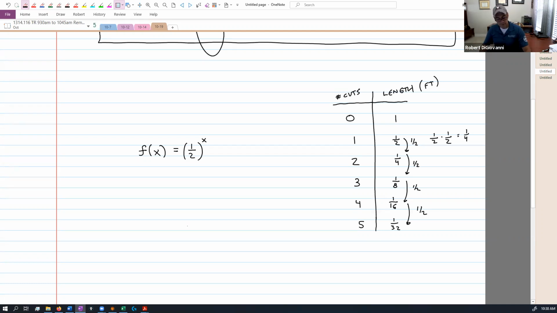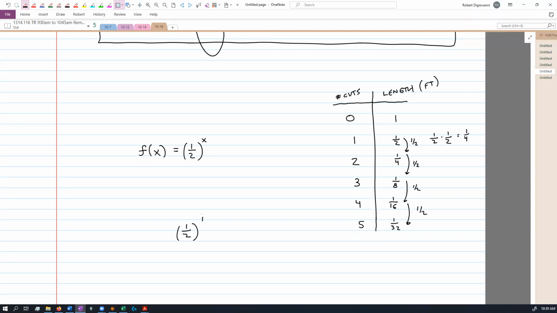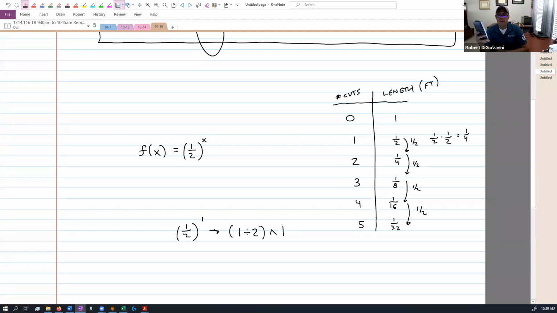Do 1/2 raised to the 1. So you've got to make sure you can type that in properly. How are you going to type that in? 1/2 to the 1. Isn't it open parenthesis 1 divided by 2, close parenthesis, and then the caret? That's right.